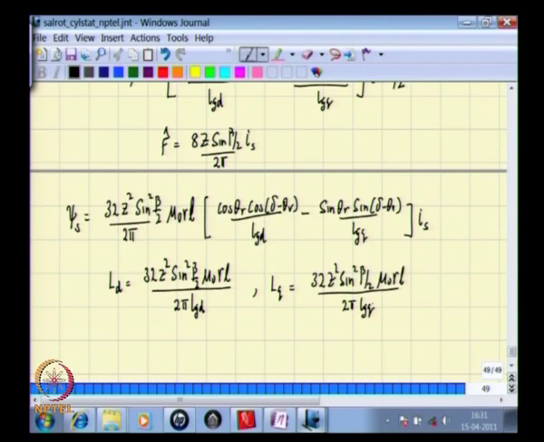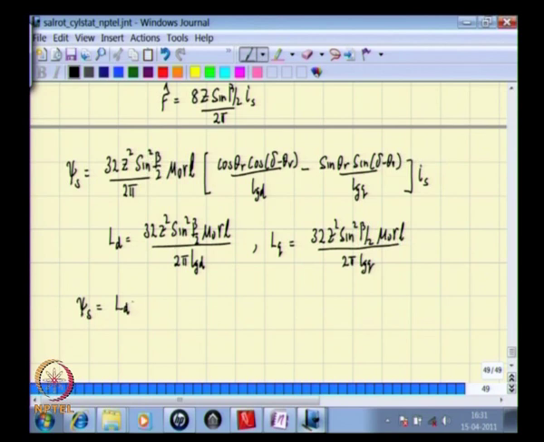So, if we look at these definitions and our expression that we have derived now, what we can see is that psi s can be written as LD multiplied by cos theta r cos of delta minus theta r minus LQ sin theta r sin of delta minus theta r, this whole thing multiplied by Is.